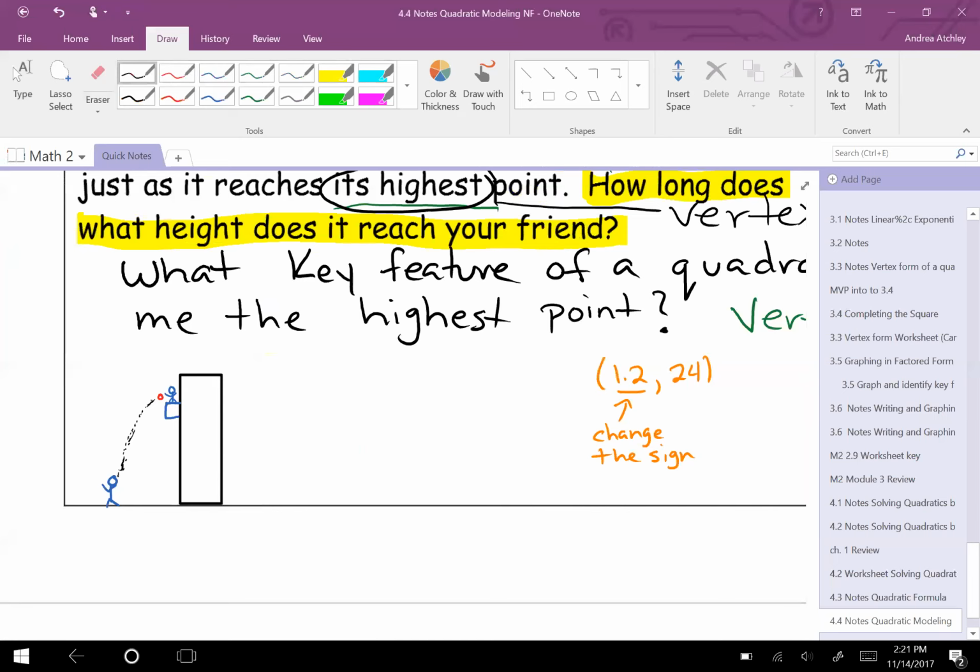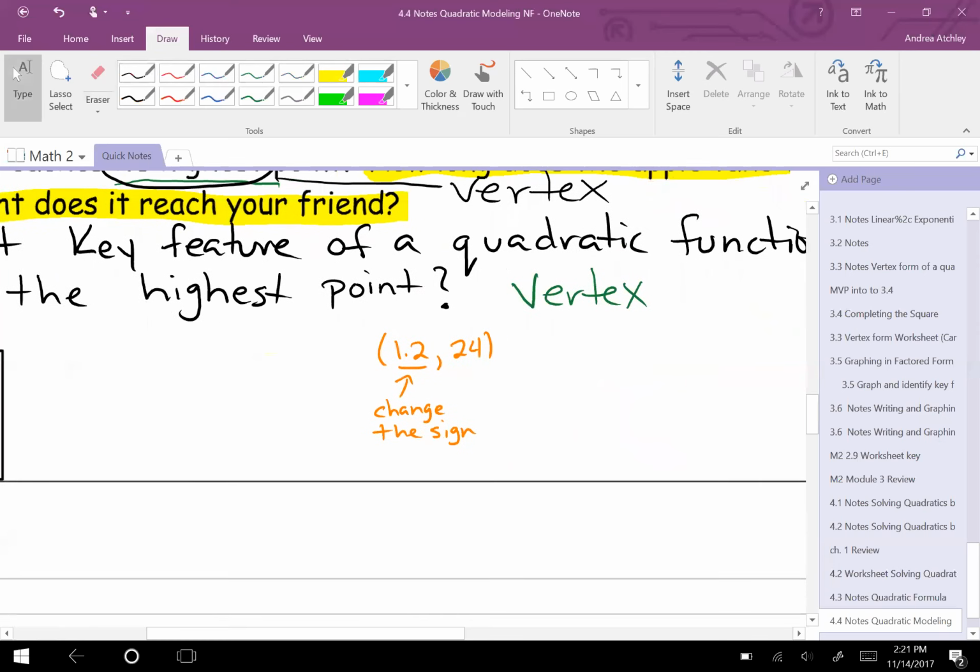So which is the height and which is the time? The height is the y value and the time is the x.